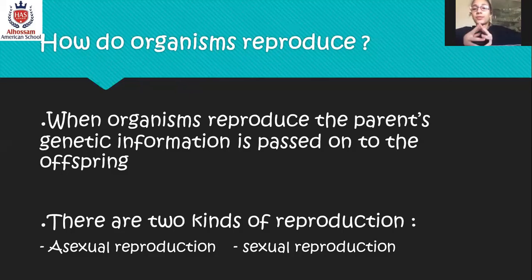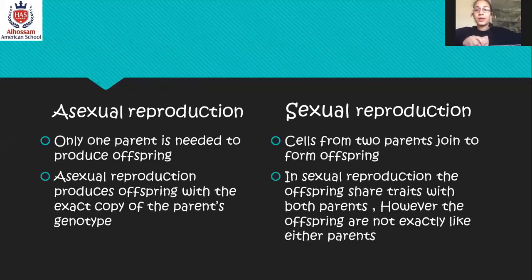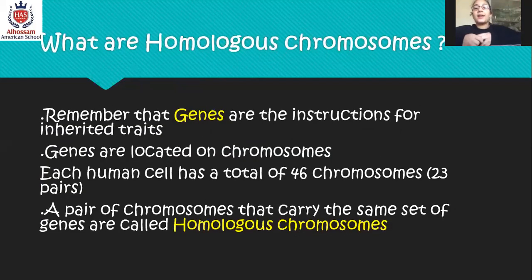And there are two kinds of reproduction: asexual reproduction and sexual reproduction. Asexual reproduction happens with only one parent. It doesn't need two parents.